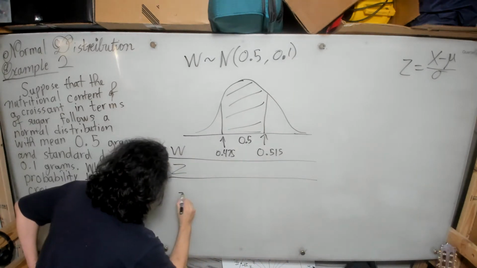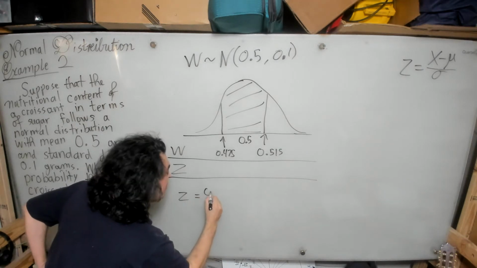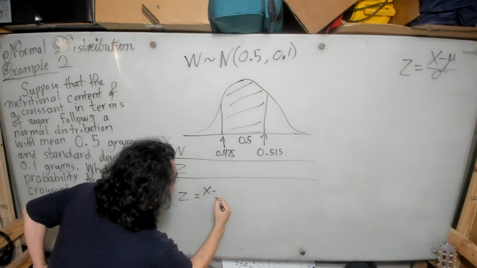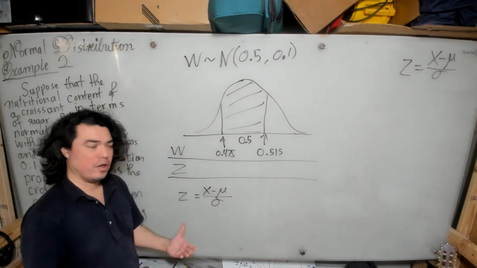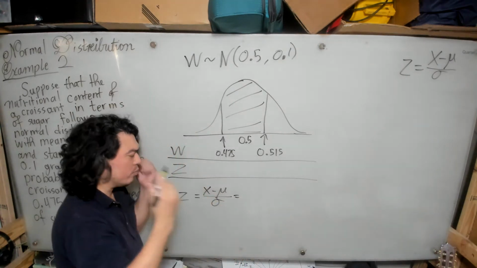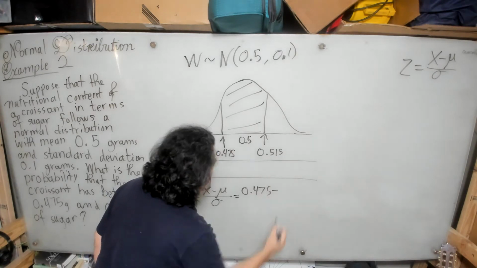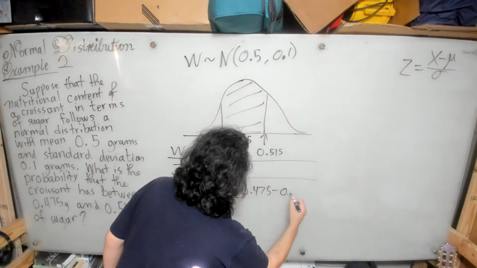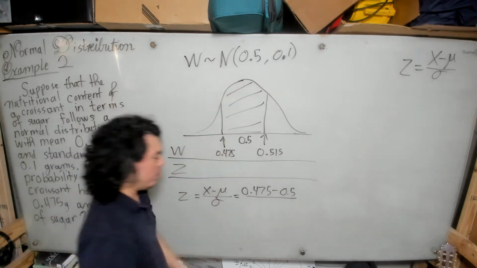So the z-score for 0.475 is going to be, let me write down the formula first, x minus mu over sigma. Now, one of the things I want you to do is write the formula first, always, and then plug in, because you want to internalize it in your brain. Okay, so it'll be 0.475 minus our mean, which is 0.5, divided by our sigma, which in our case is 0.1.